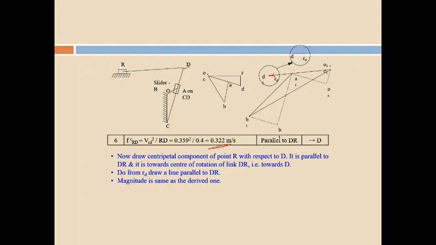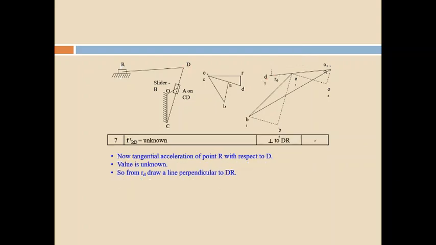After drawing that, you have to draw a tangential line to that D, because D has two components, one radial and one tangential. From this point I have drawn the tangential line. Now for the piston, I have to draw the radial line.